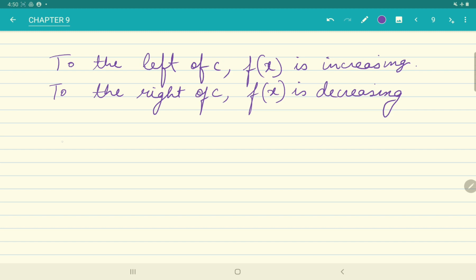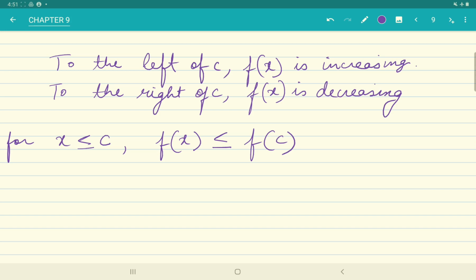to the left of c, that means x less than equal to c, for x less than equal to c, f of x is increasing. That means f of x is less than equal to f of c, because f of x is increasing till the time we reach c.